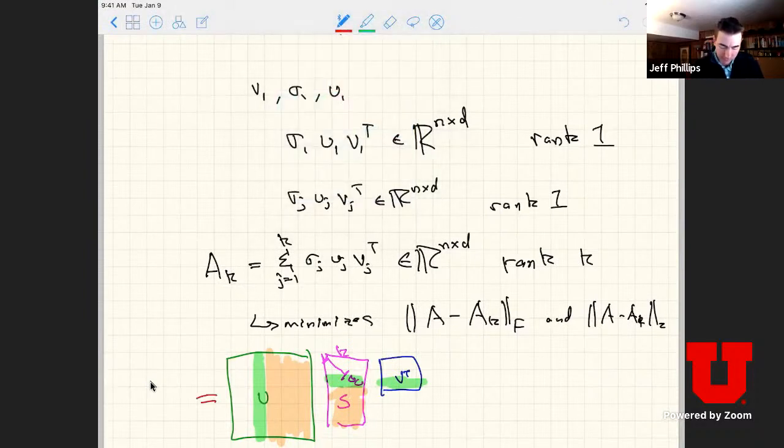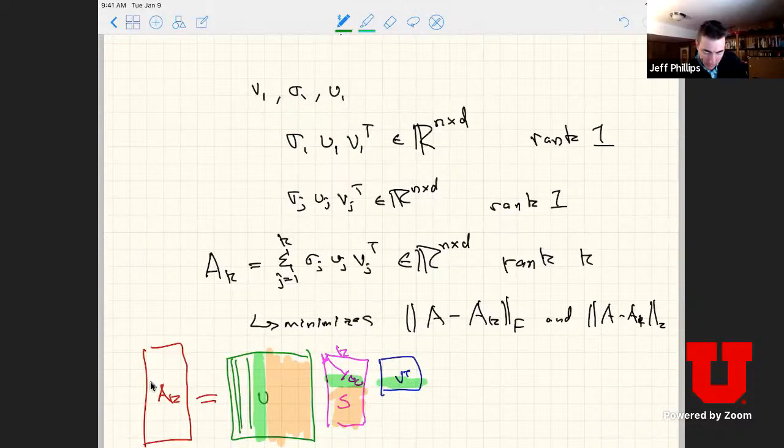So what's left is again an n by d matrix, but it's n by k times k by k times k by d. So in here I get u1 up to uk, and this is v1 up to vk, and here I get sigma 1 up to sigma k.